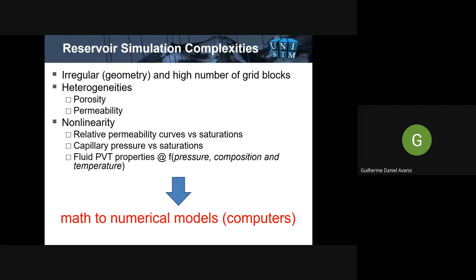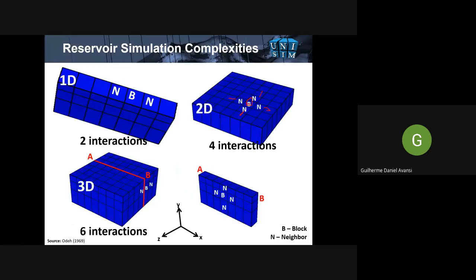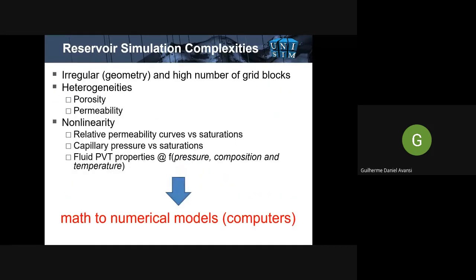But just remember, we are talking about a regular grid. A regular grid is simple, it's not too complicated to solve just using mathematical formulation. So now we move to more irregular geometry. So we are not talking about a regular grid, and we increase the number of grid blocks. And also the level of heterogeneity that you have, porosity and permeability.